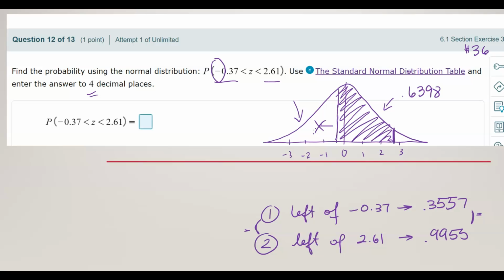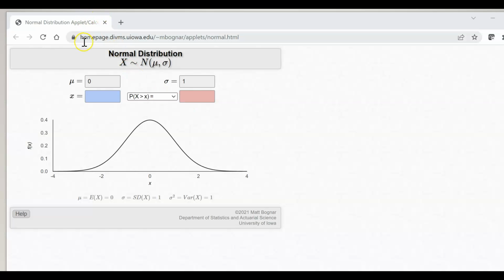All right, now let's look at how this appears in the normal calculator. This normal calculator, ladies and gentlemen, is available in the links. It is from the state of Iowa, just a nice, clean calculator. I will remind you that this X over here is essentially your z-score.